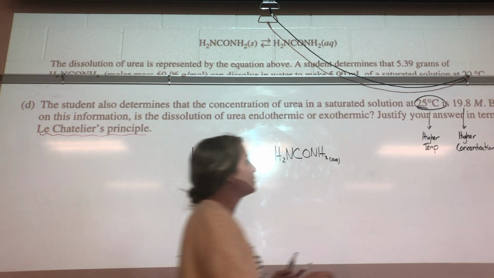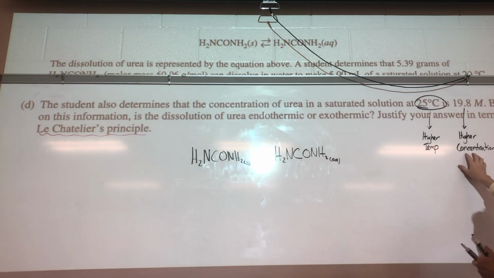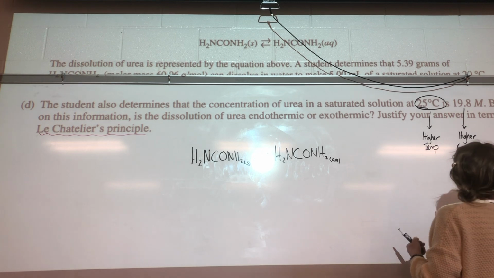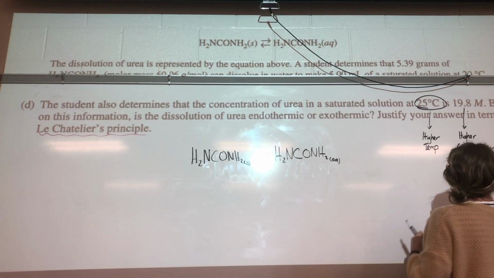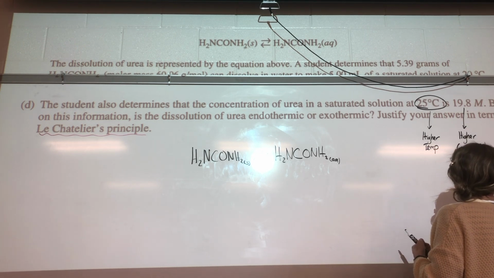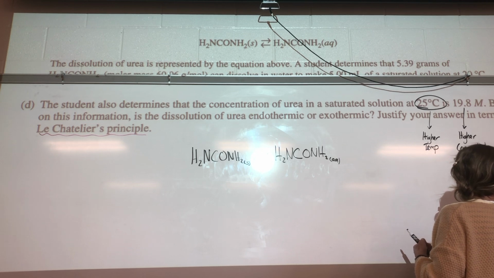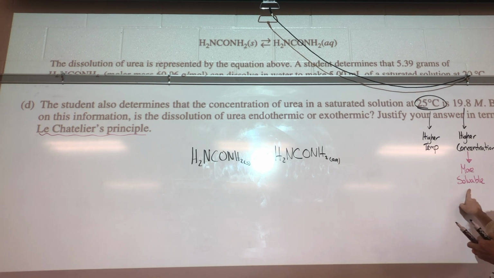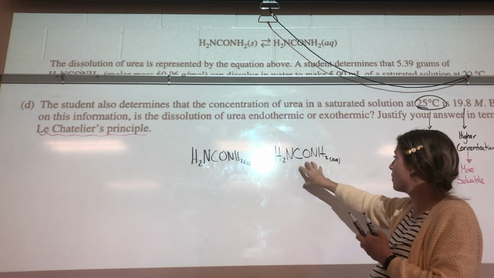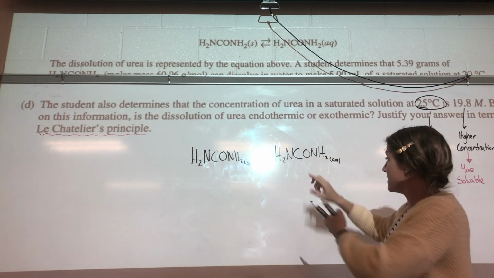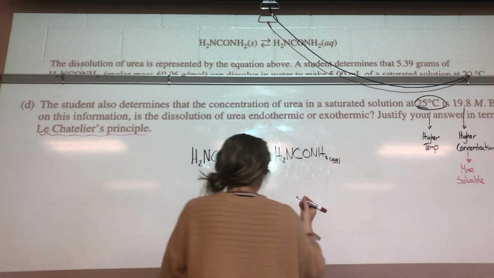So we were told that we have a higher concentration, which means more soluble. Since it was more soluble, that means we have more of our aqueous side, because that's solubility.